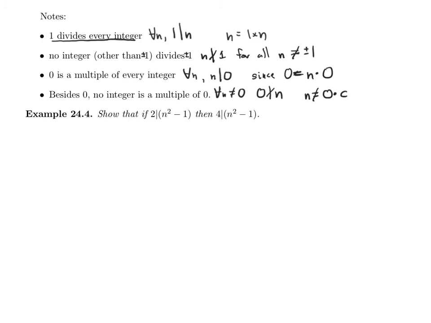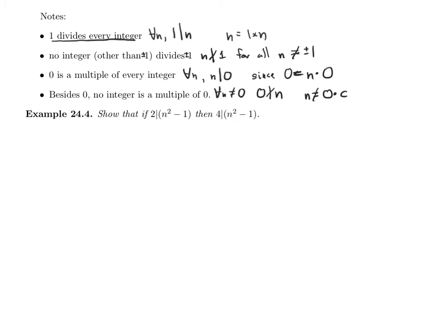Because remember, 0 times anything gives a 0, and if n isn't 0, we're not going to get 0. So the best way to think about it is 1 divides everything, 0 is divisible by everything, and 1 is divisible by basically nothing except itself. 0 divides nothing except itself.